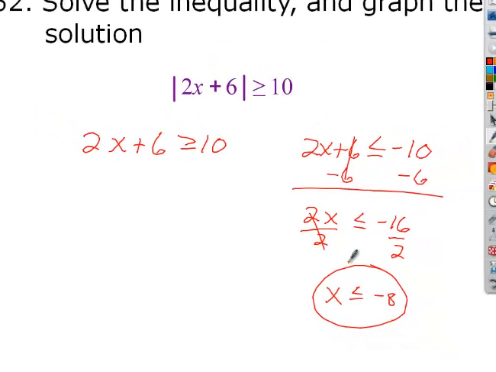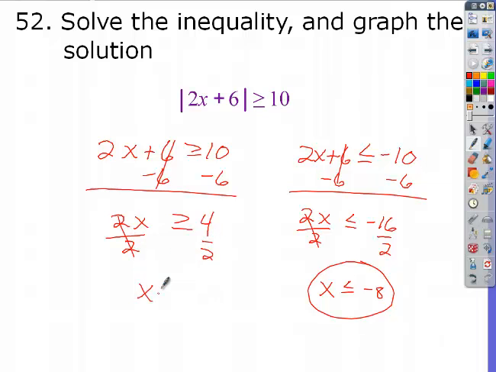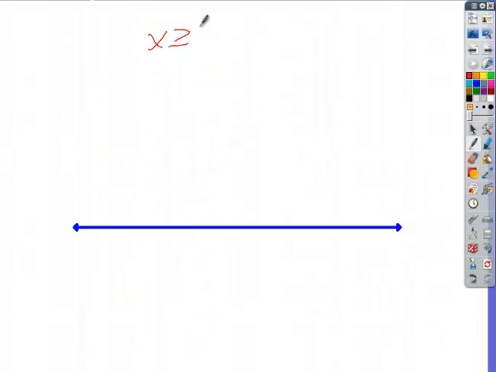And now do the same thing on the left. So those are the two solutions. X is greater than or equal to 2, and x is less than or equal to negative 8.